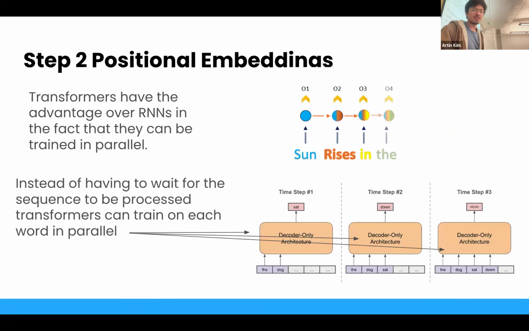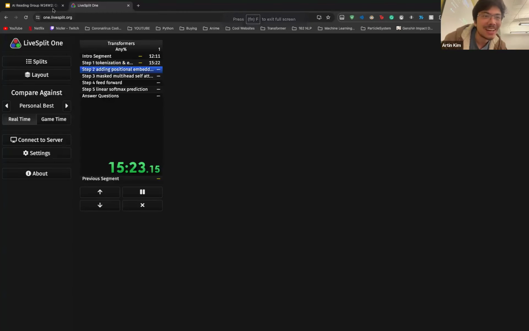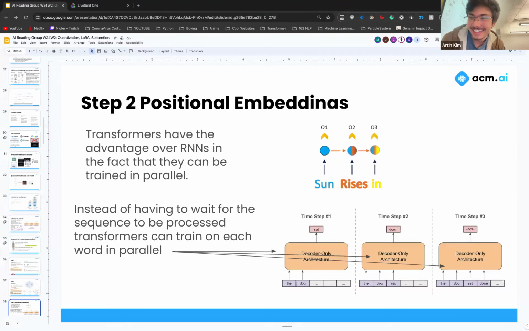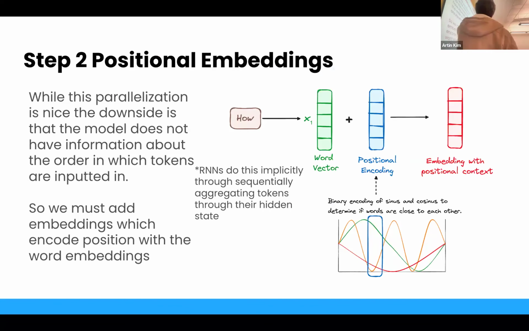Next, we add some information about how these things are positioned. Let's skip the next slide. To be honest, you can't just get the word vector, this nice and rich embedding of semantics.